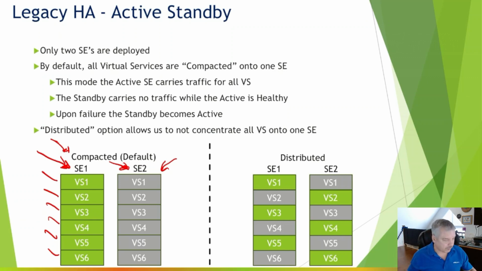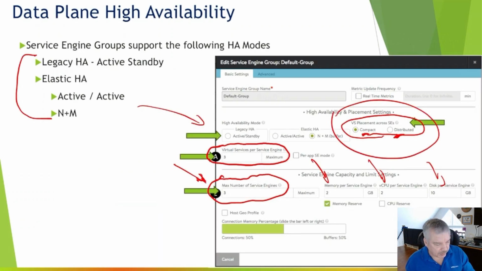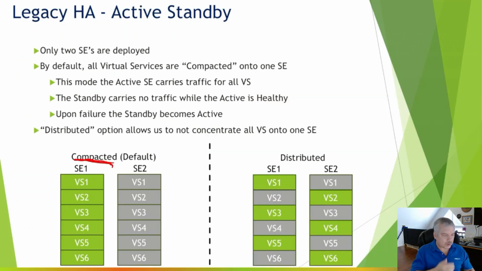If this first one fails, then the virtual services are active on the standby. Pretty straightforward, okay? So that's what they refer to as compact. Distributed, again, that's these options right here. Distributed, we're going to mainly distribute the virtual services across there.